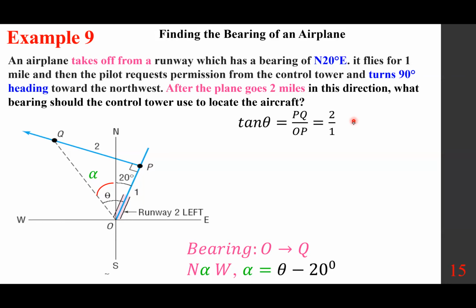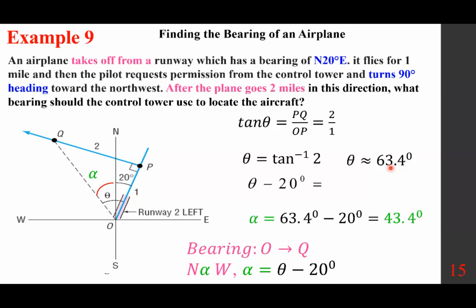So what is theta? Tan inverse of 2. Using a calculator results in 63.4 degrees. But we want alpha, and we said alpha is theta minus 20. Subtract 20 degrees from that, and you get 43.4.